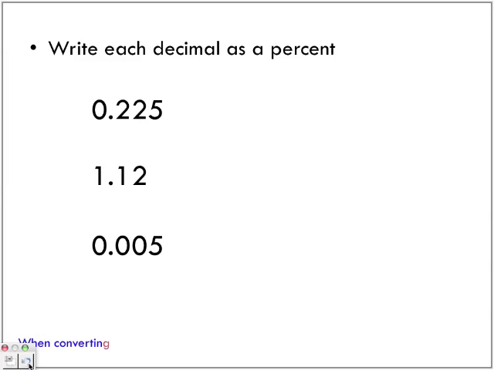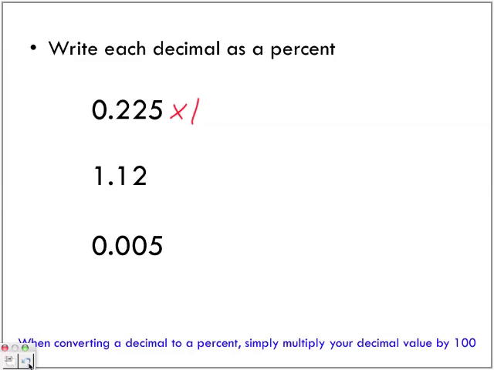So here's the tip, something you might want to highlight in your notes. When converting a decimal to a percent, simply multiply your decimal value by 100. So 0.225, just multiply it by 100, and we get 22.5.